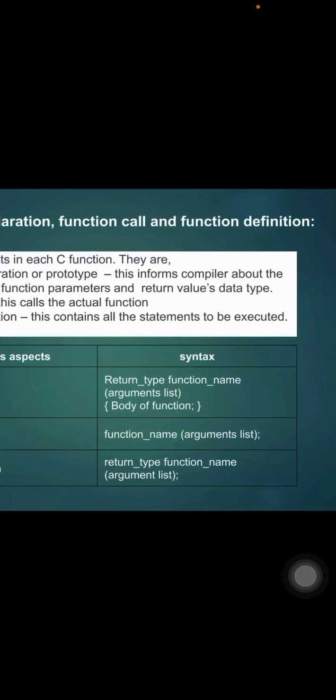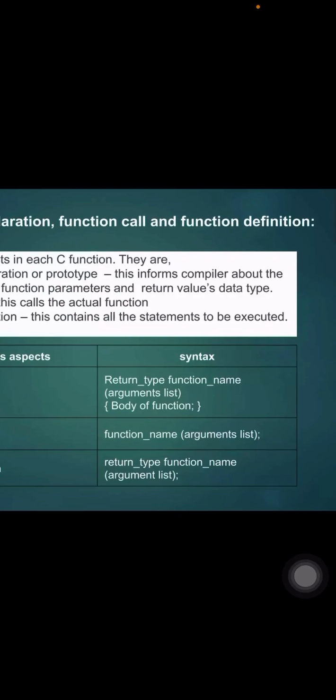If we talk about user-defined functions, there are mainly three aspects to these. First, we need to declare the function, or we can also call it the prototype of the function. While giving the prototype of the function, we need to mention the return type of the function, that means what the function will return at the end, and we have to give a name to the function, and in round braces we pass the arguments if needed.